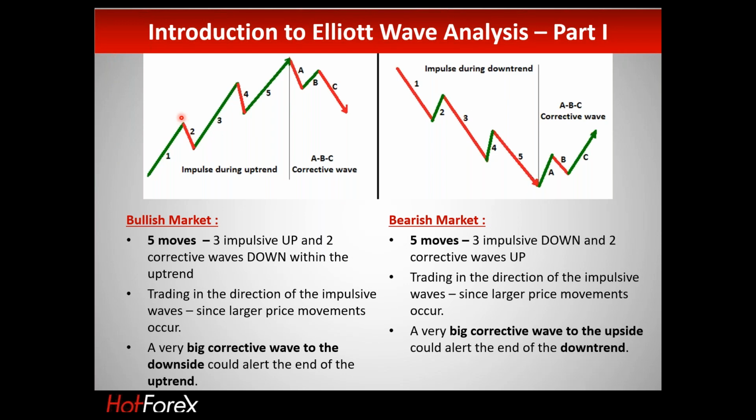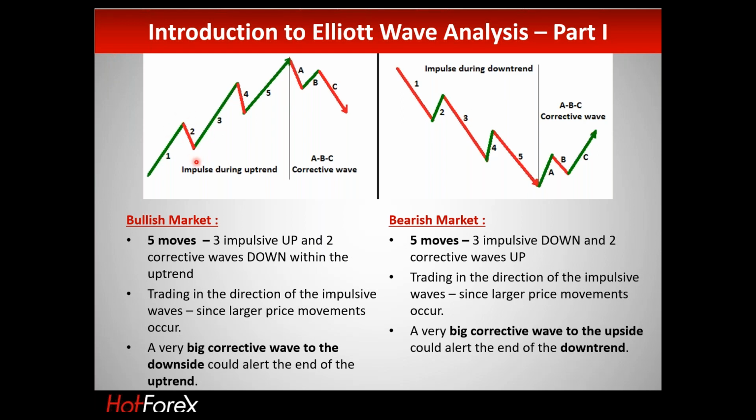In wave 2, we see bears trying to regain some ground. So the market pulls back with wave 2, but it is not strong enough to turn the market back into a downtrend.